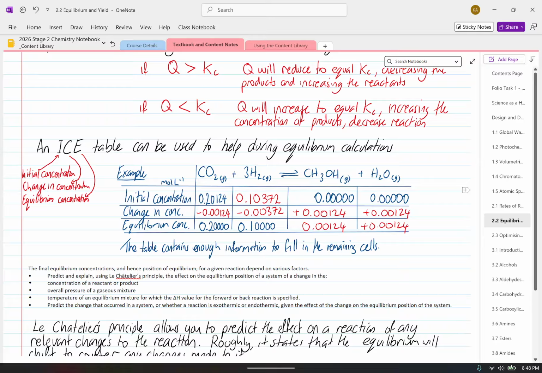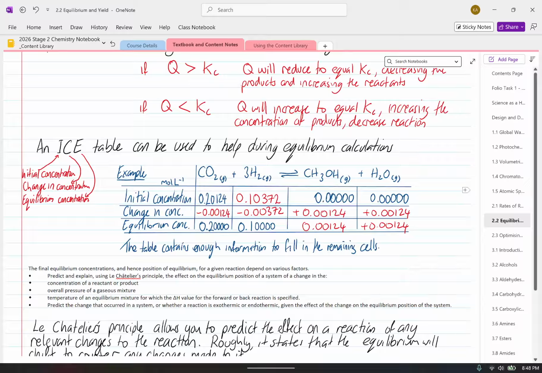So while I'm here, I'll use my red pen, and I will make the expression. So Kc will be equal to the products, so the concentration of our CH3OH. Now remember that's a gas, and the power here is going to be 1 because the stoichiometric coefficient is 1.